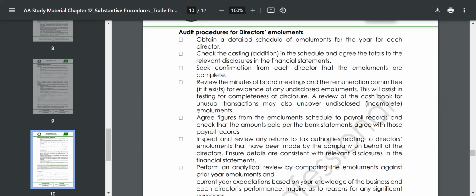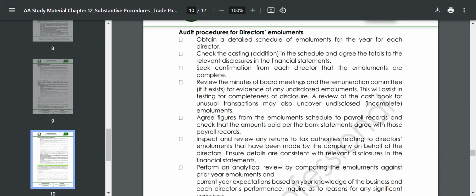You will see directors' payment in the financial statement under what we call notes to the accounts. If you see it in the equity, it's rare, but where you usually see it is in the notes to the accounts. So you check that the total amount declared as paid to directors matches the list you obtained of what each director should get. That way, there is no money missing or hanging somewhere.